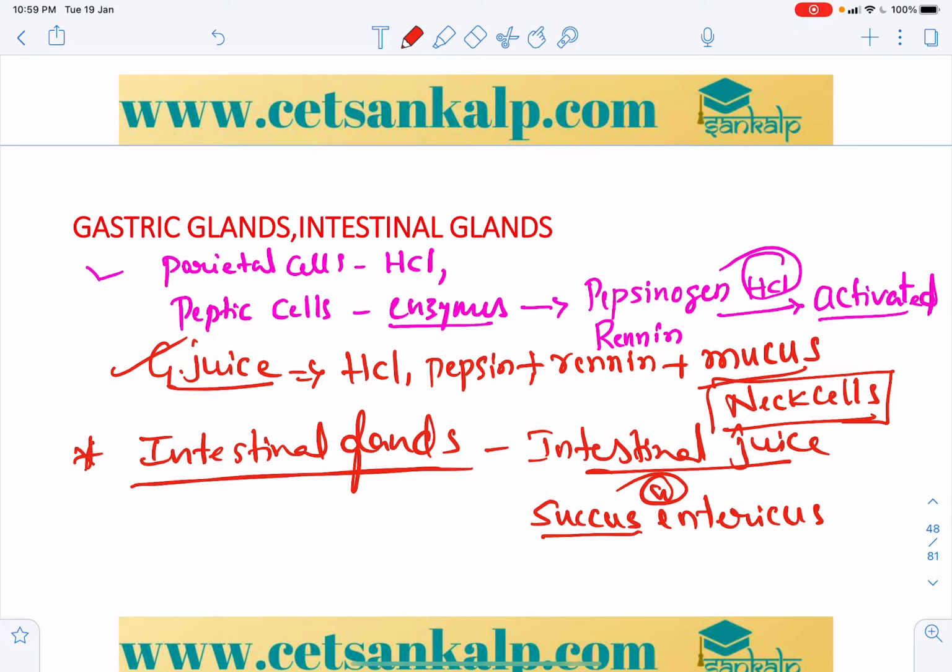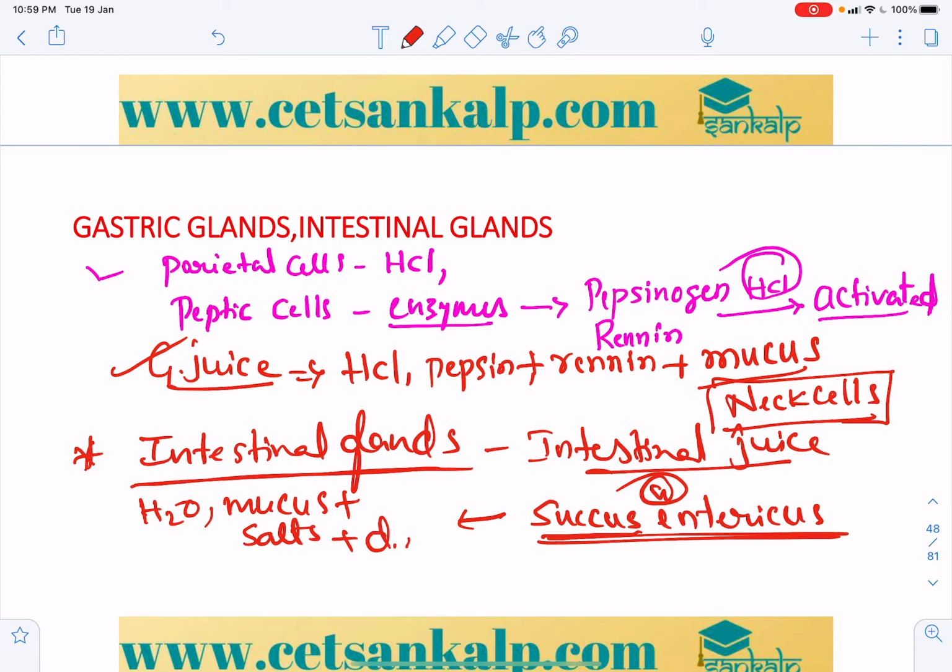It mainly contains water, mucus, salts, and along with that digestive enzymes. Let us take that within a while.